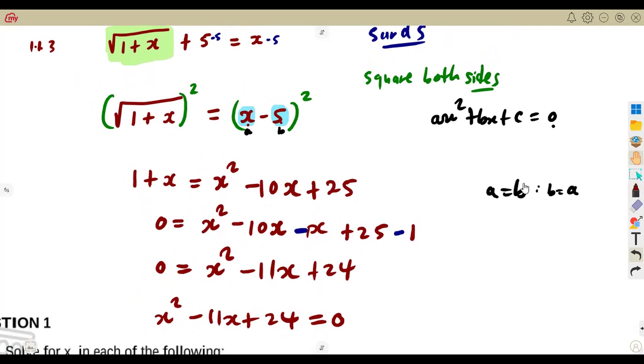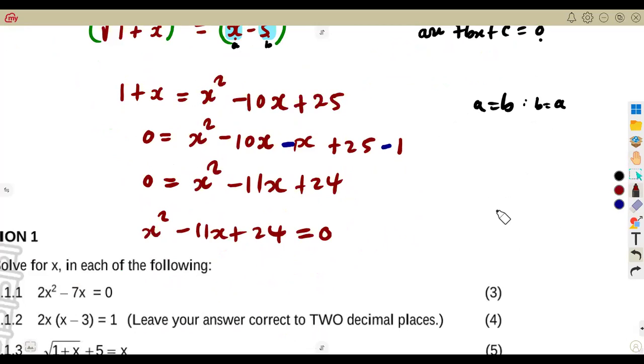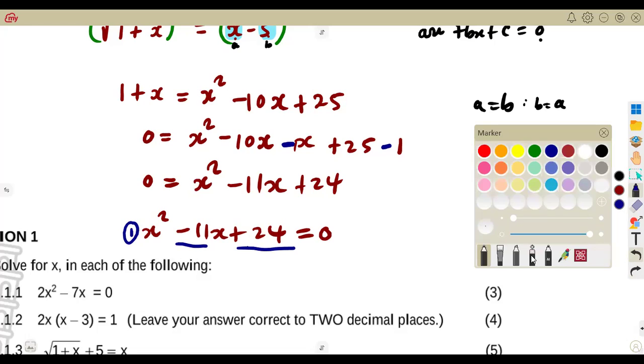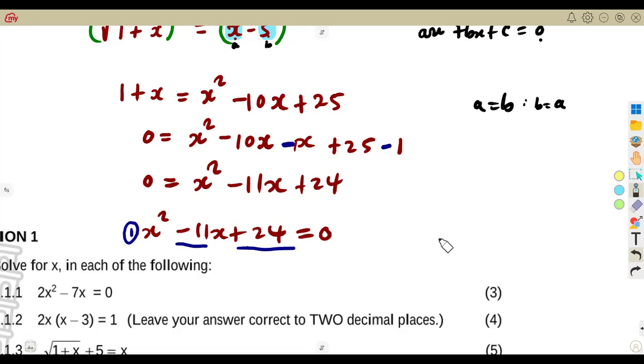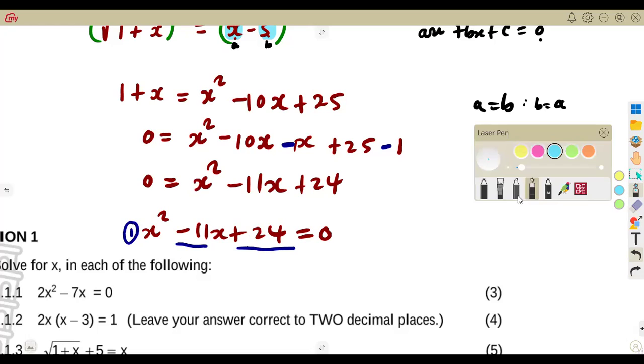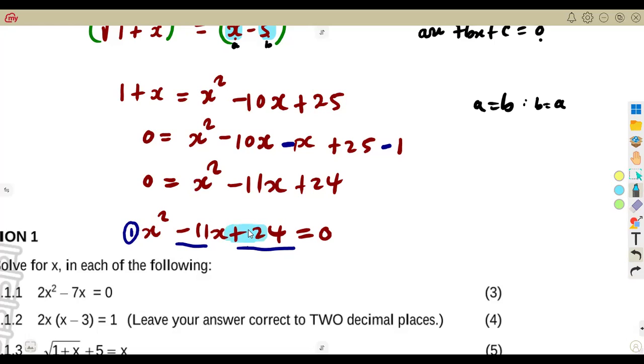But let's try factorization because the coefficient here of x squared is 1. If the coefficient is 2, 3, in that case, I will advise you to use your quadratic formula. But when it is 1 like this, just try, because you need factors of 24 which add up to negative 11. When you multiply these two terms, you must get 24.